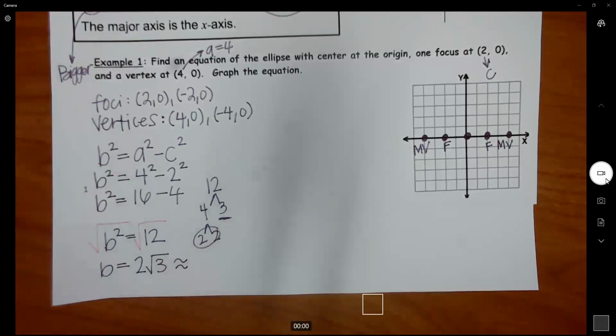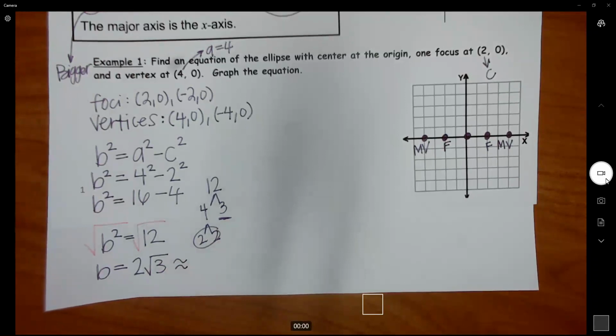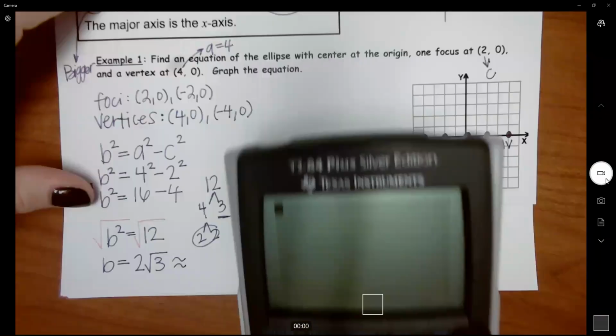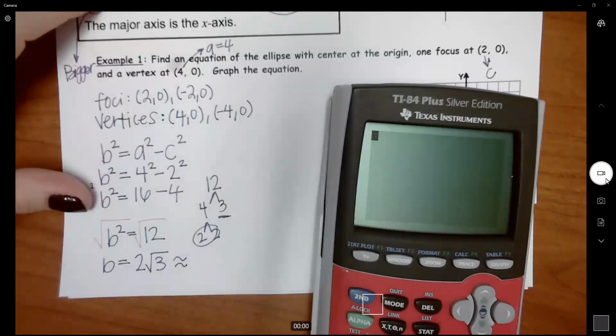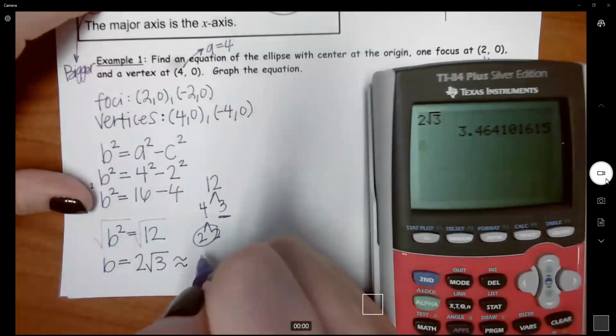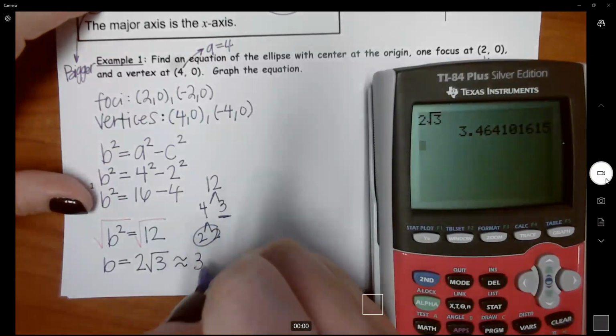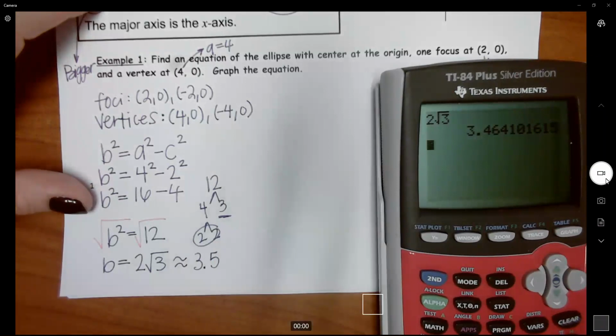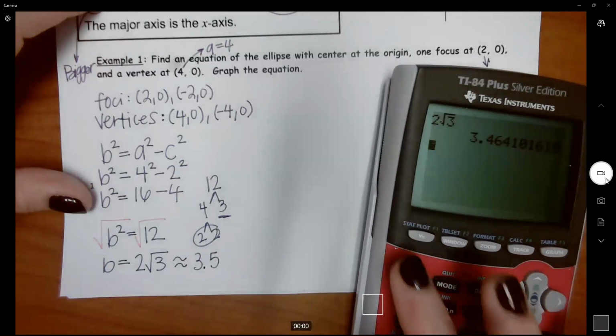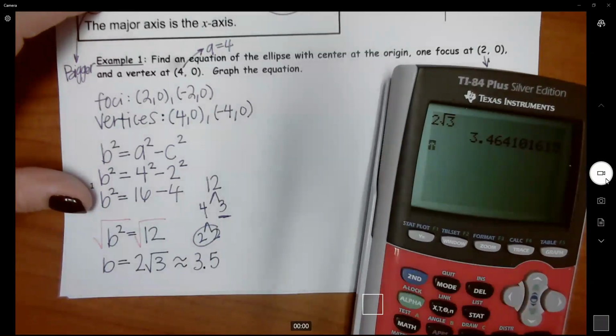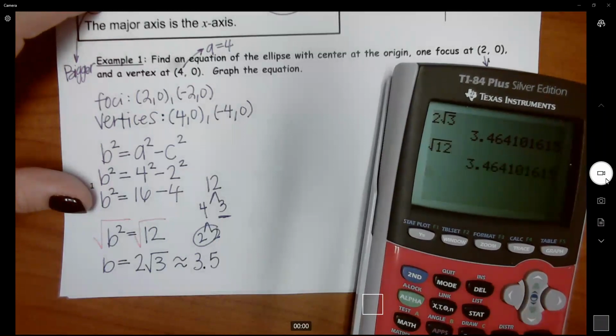Now, to graph it, we're going to need a decimal equivalent. So 2 square root 3 is about 3.5. And you can also just do the square root of 12, and my MyMathLab is going to want that.